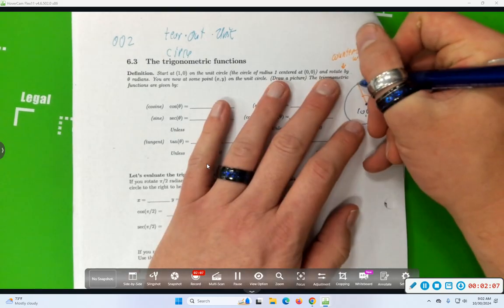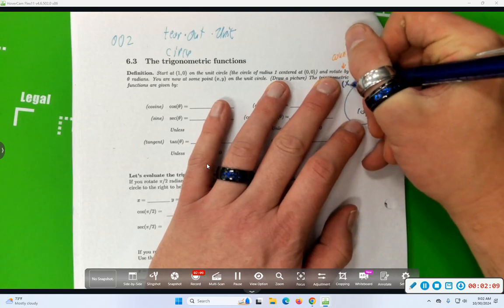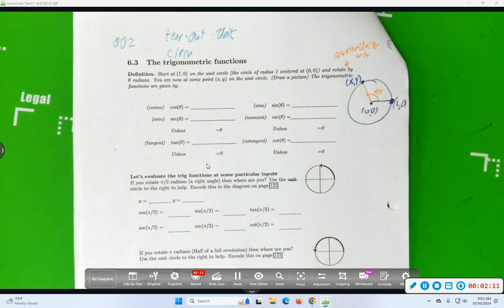It'll have an x-coordinate, and it'll have a y-coordinate. All right, so far does all of that seem like well-defined instructions? If you tell two people to start at the same point and rotate by the same angle, they'll both wind up at the same x, y coordinate. The trig functions are now just determined by those x and y coordinates.